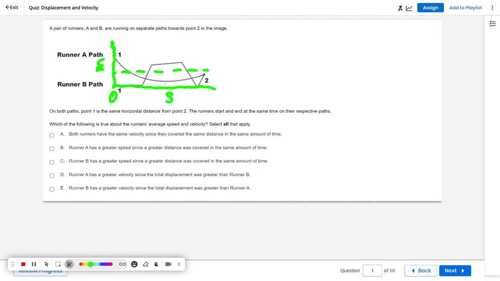With runner number two, I'm going to take all of this out. I'm going to erase everything.